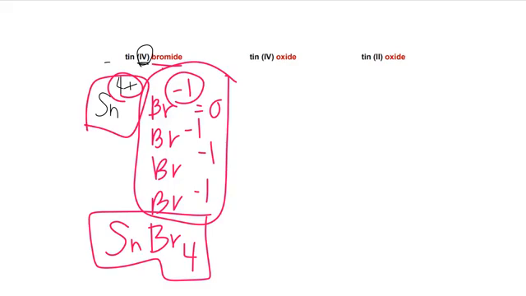Now this next one is tin 4 oxide. So again, we have Sn with a 4 plus charge. Oxide, again, look at the periodic table. Oxygen has 6 valence electrons. It wants 2 more. It wants to become a -2 charge. So here I have +4, and I have a -2.